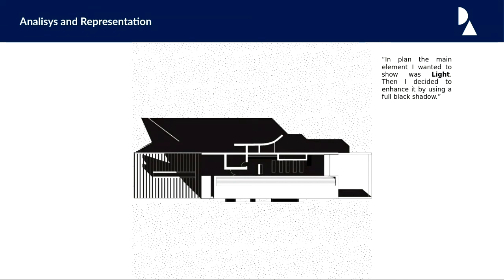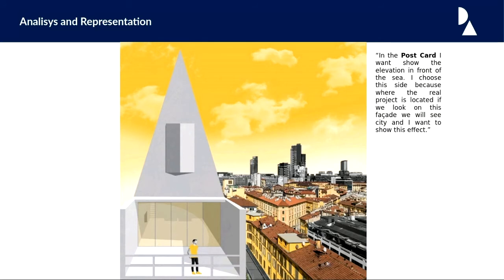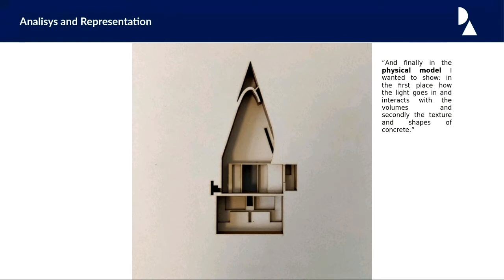So see here how much she has worked, making, of course, a perfect plan, a poster defining what she felt about this space, about this building, and of course, a postcard putting this existing architecture in the city of Milano, showing us how it could have been put in the place where she had to make her own final project. And at the very end, a beautiful model.